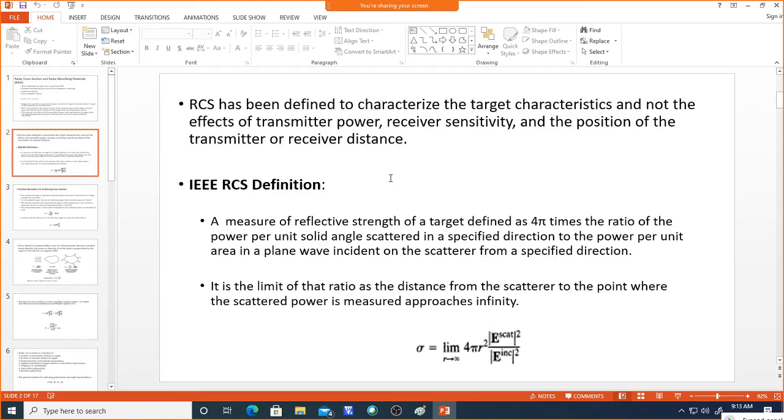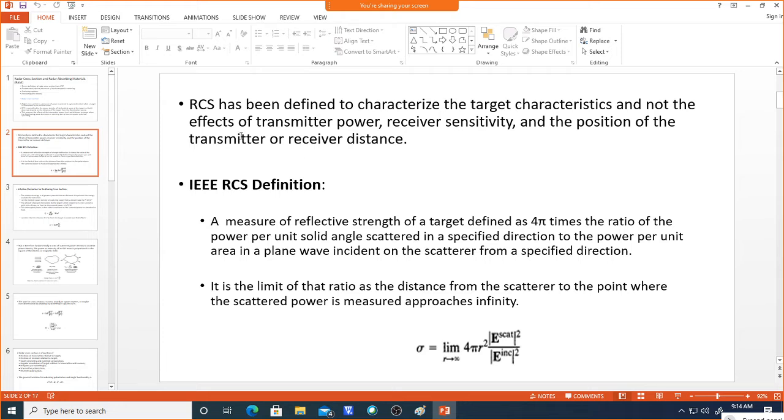Now it has been defined to characterize the target characteristics. RCS characterizes the target in terms of shape and size, the actual shape of the target, and other characteristics, such as whether the target is made of absorbing or non-absorbing material. So RCS depends on different types of scattering.